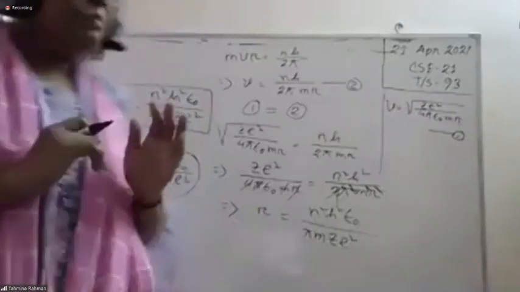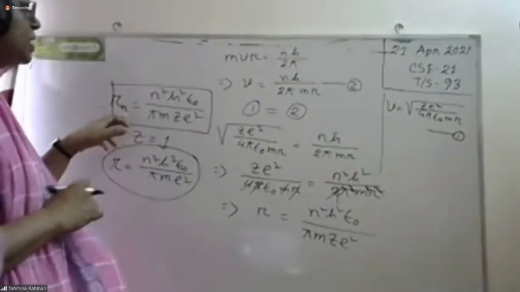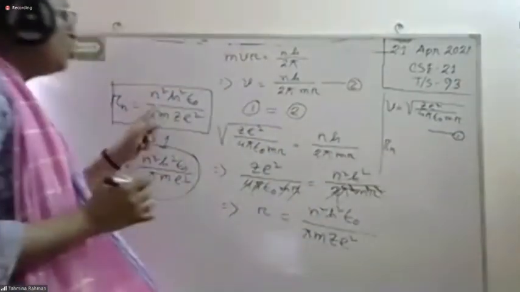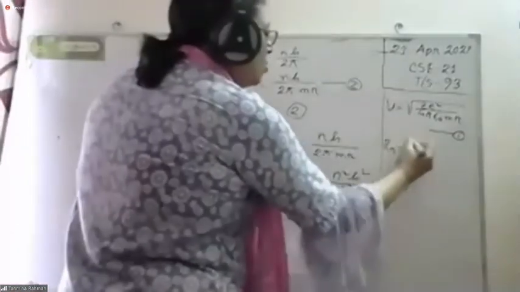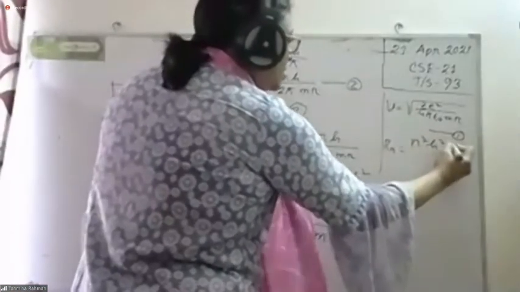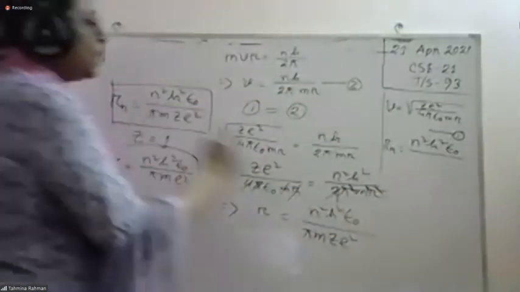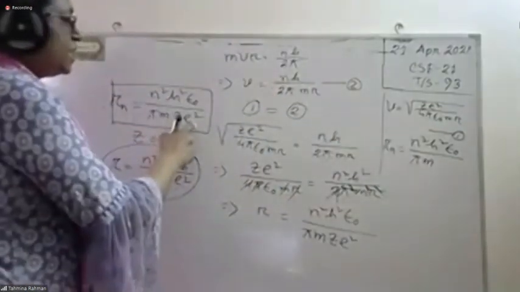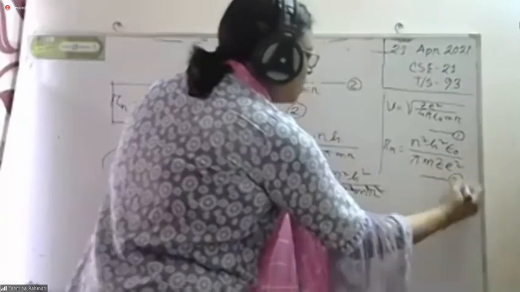Okay, so আমরা r এর একটা expression পেলাম. This is our equation number 3. So r equal to n square h square epsilon naught divided by pi m Z e square. This is our equation number 3.